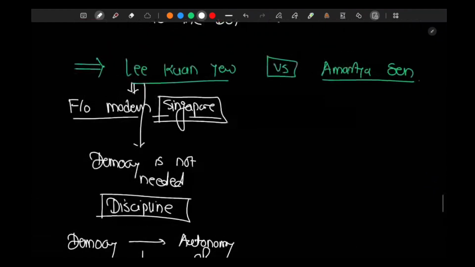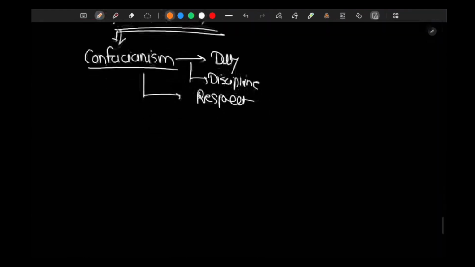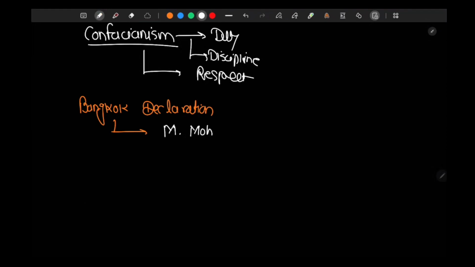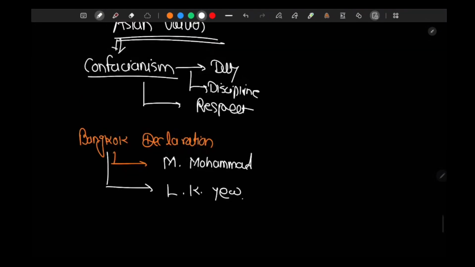And for this rejection of democracy in the Asian socio-economic context, two people wrote a monumental document in the form of the Bangkok Declaration, Mahathir Mohamad and Lee Kuan Yew. They both are not for democracy.